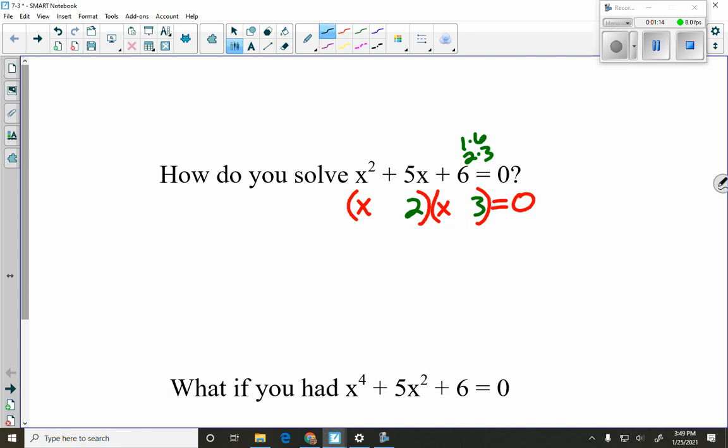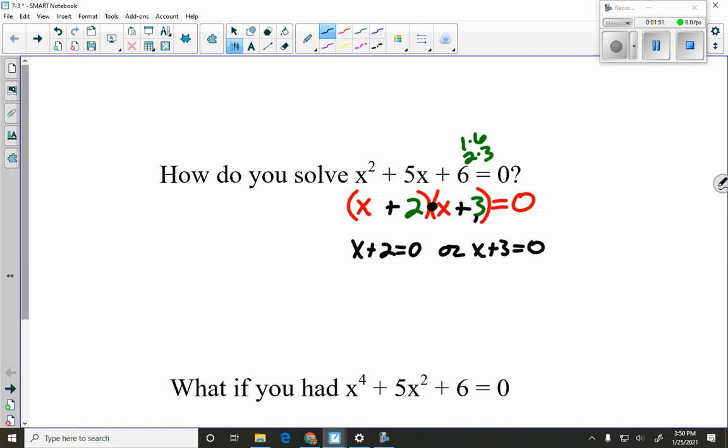Since it's a positive 6 and a positive in front of the 5x, I know both of these have to be pluses. Now if I do a quick double check of my inside-outside, 2x plus 3x definitely makes 5x. Okay, so I know it's factored correctly. And if it's factored correctly, then if they're multiplied together and it equals 0, then either x plus 2 equals 0, or x plus 3 equals 0.